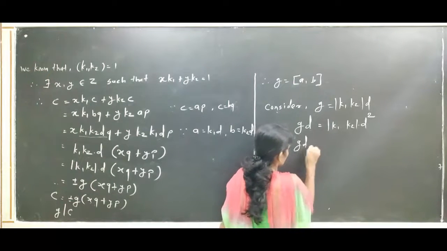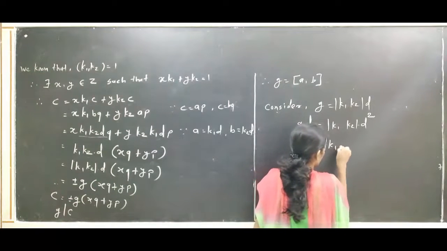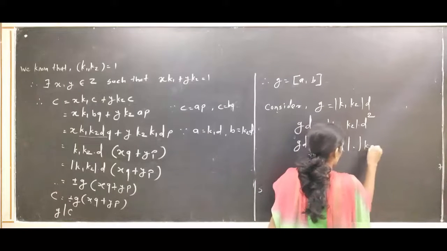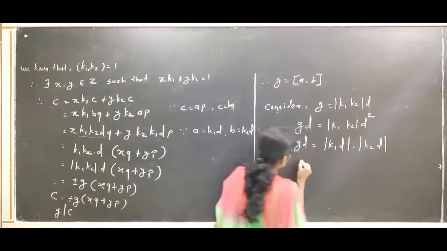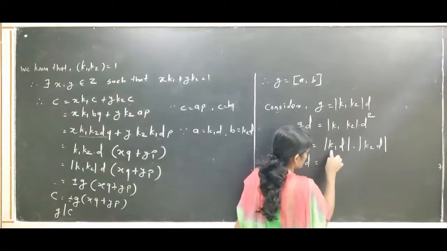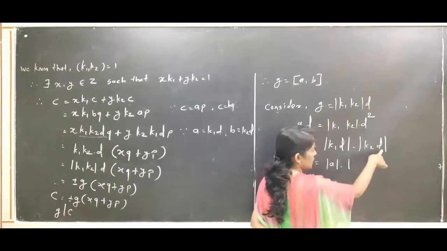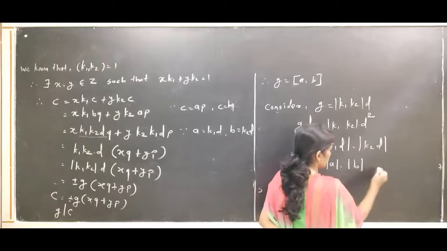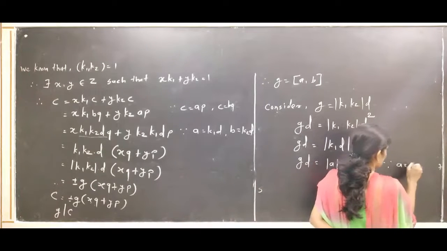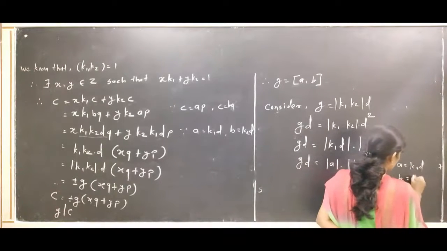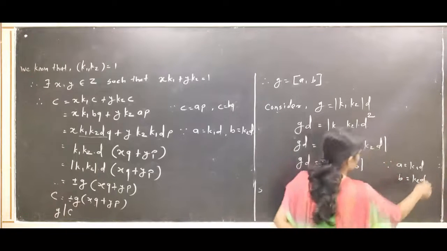So we get gd is equal to mod of k1 into d and mod of k2 into d. So gd is equal to mod k1 into d, which is nothing but a, and mod k2 into d, which is nothing but b. So write here the reason, since a is equal to k1d and b is equal to k2d.